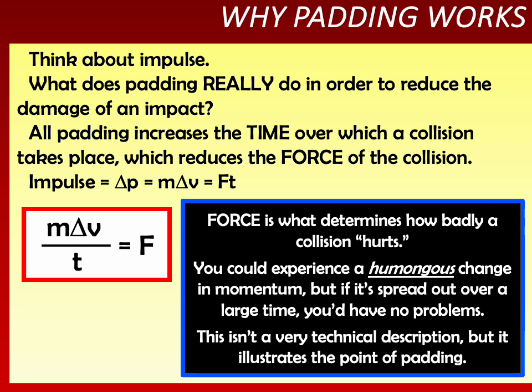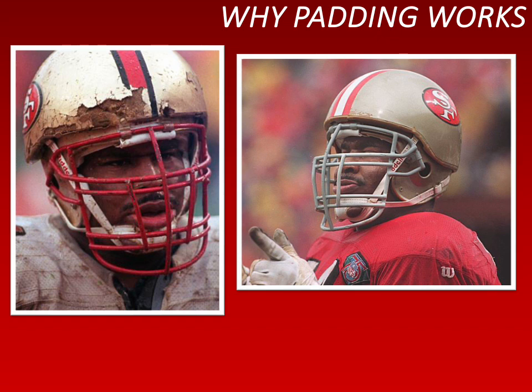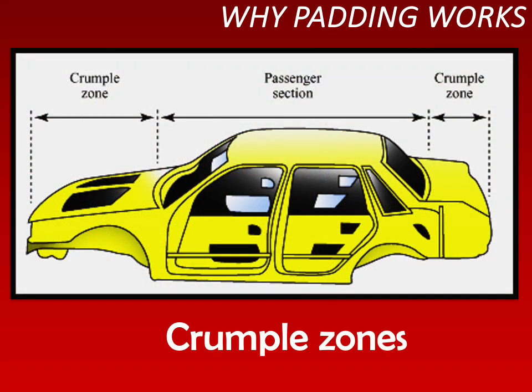So what I want you to know is that padding increases the time of an impact. And that is something that is very much in the fore when someone is designing helmets and padding for the sports or a car.